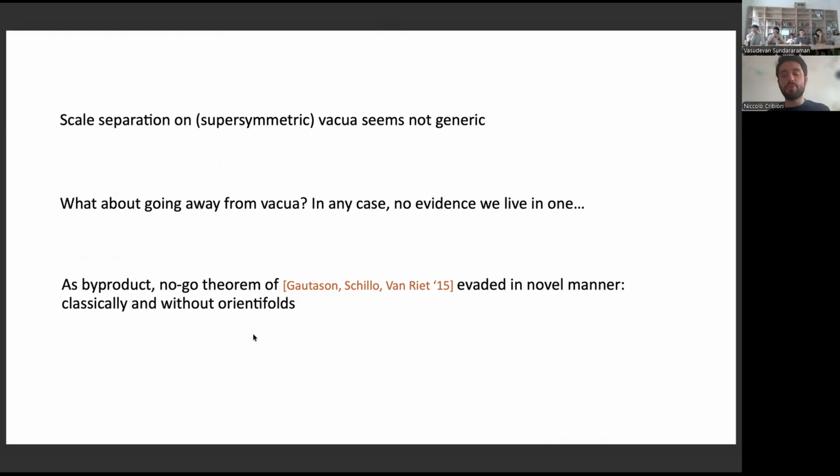The problem of scale separation is studied a lot, and there are even other no-go theorems I didn't mention, but I will mention in a while, that are telling us how you most likely will not find scale separation, similarly to the way I was using the weak gravity conjecture, albeit in a slightly different way. It turns out that these theorems, especially this one, assume a vacuum solution. It means that you can evade it by going outside vacua.